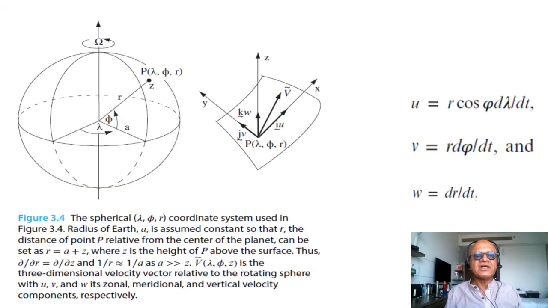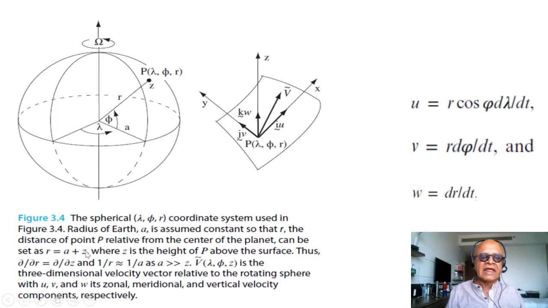Just to orient ourselves, we have the longitudinal direction, we have the latitudinal direction, with the radius of the Earth a. We are looking at height z above the surface or depth z into the ocean, and we need the distance from the center of the Earth to z, which is r, which is obviously a plus z, and radius a, 6371 kilometers, is much larger than z, which is at best order 10 kilometers.